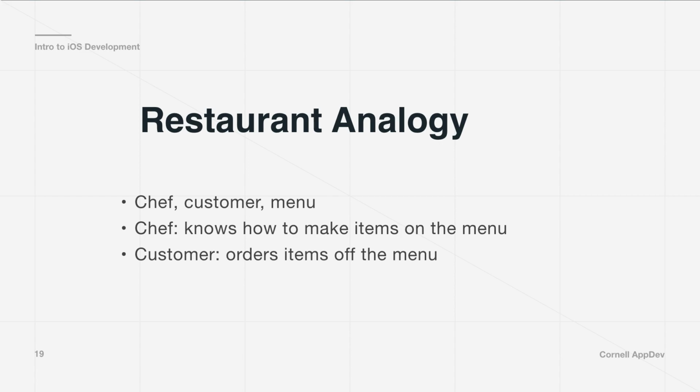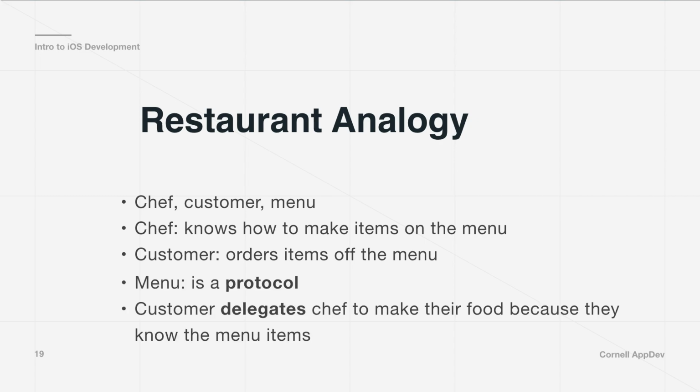So what is the menu modeling in this situation, based on what we just said? Yeah, it's the protocol. So the menu is a protocol, and the customer can delegate the chef to make their food because they know the menu. The menu clearly specifies what the customer can order and what the chef can make.